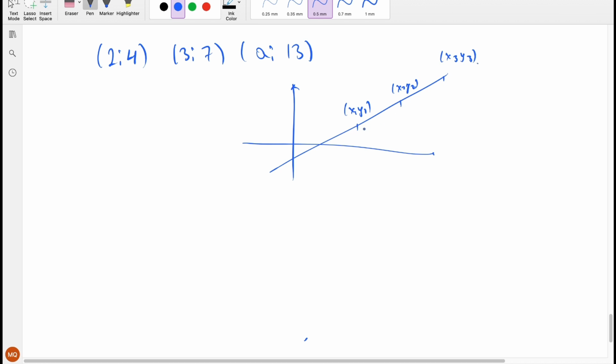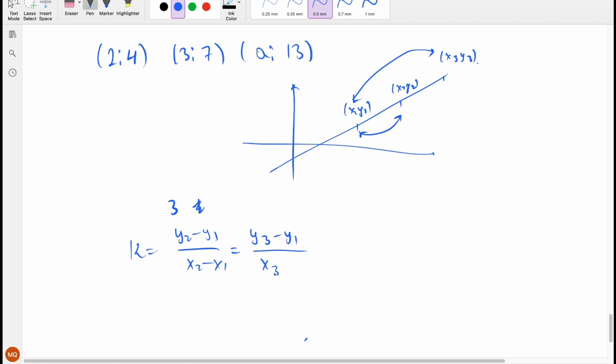If you find slope k using these 2 points, y2 minus y1 over x2 minus x1, you will get 7 minus 4 over 3 minus 2, so it is 3. If you find the slope of these 2 points, you will get something like that. So all of them have to be equal to each other because they are on the same line.